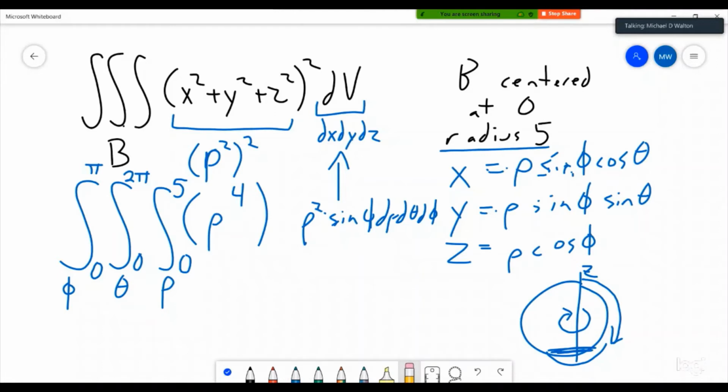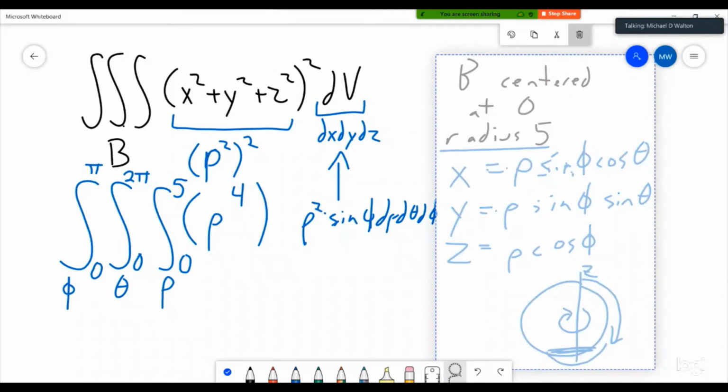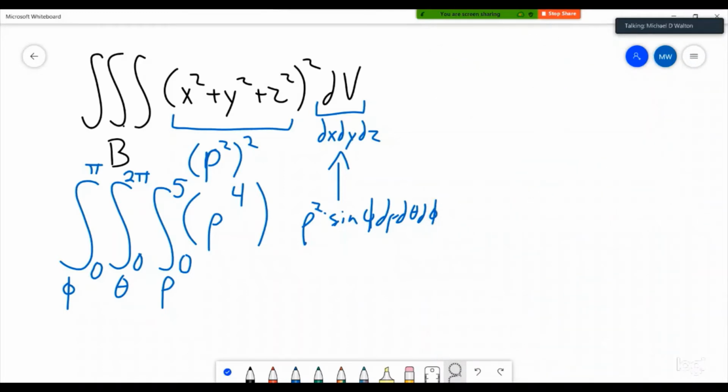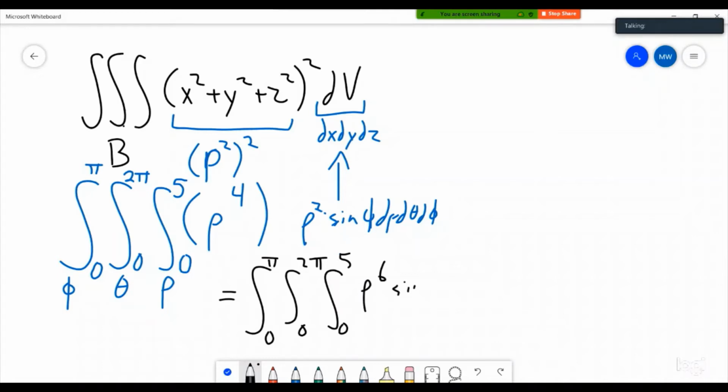We just then need to figure out what this is going to be equal to. So, clearing up a bit more space, this is going to be equal to the integral from 0 to pi, 0 to 2 pi, 0 to 5 of rho to the 6th sine phi d rho d theta d phi.